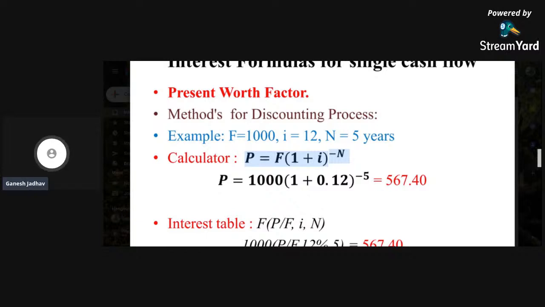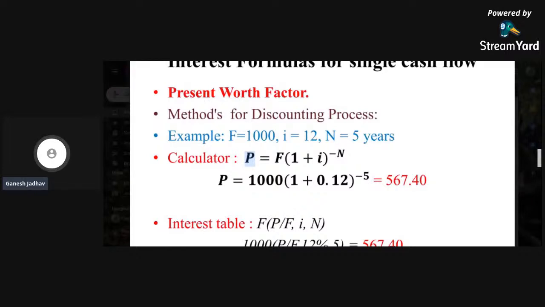Here we have to know the value of F, the value of i, and the value of n, but we don't know the value of P. You have to calculate the value of P, so you have to modify this formula as per your use.